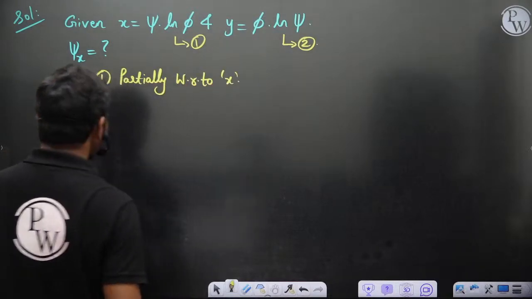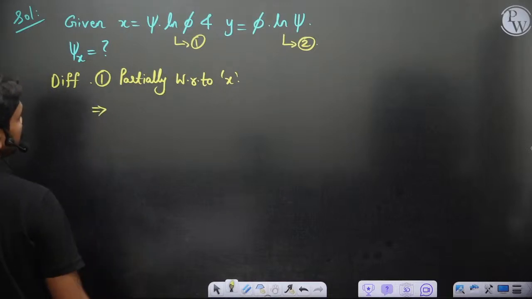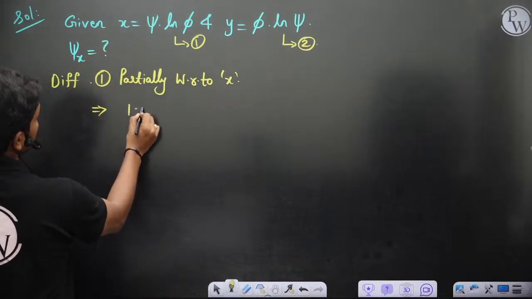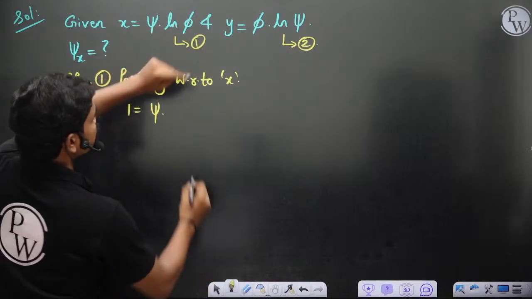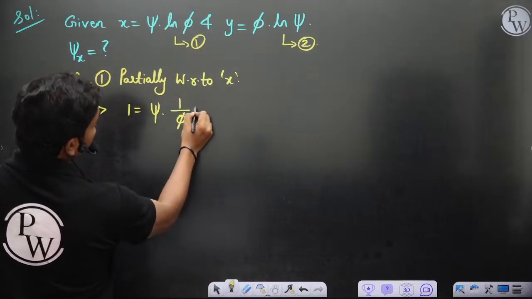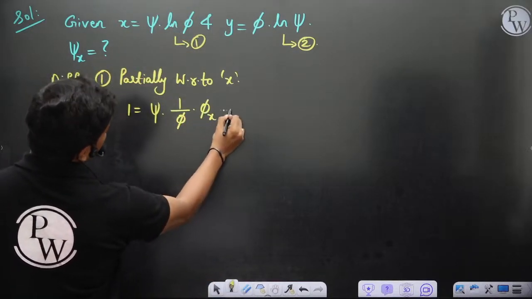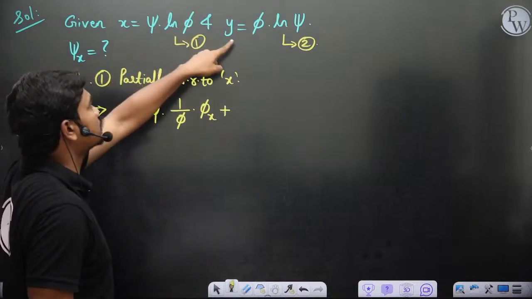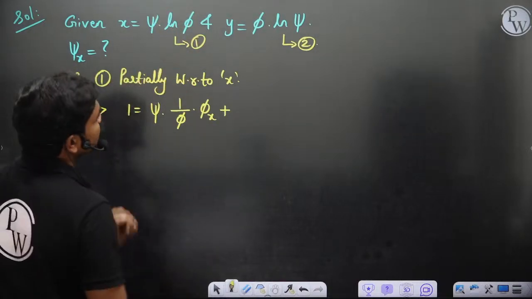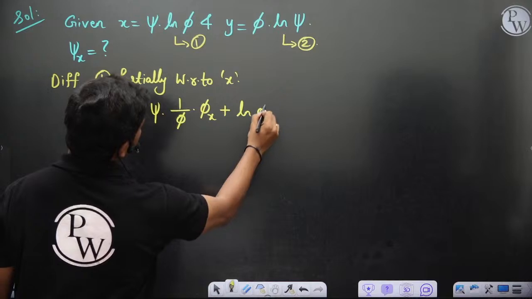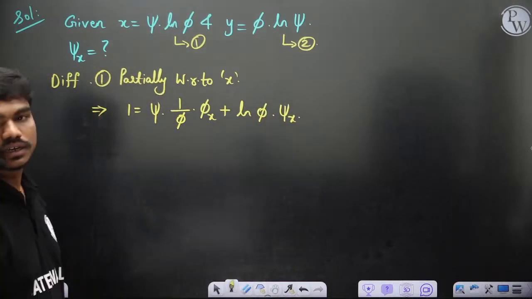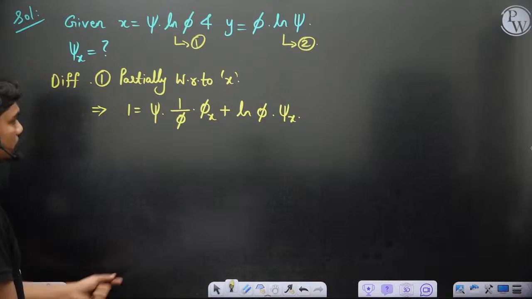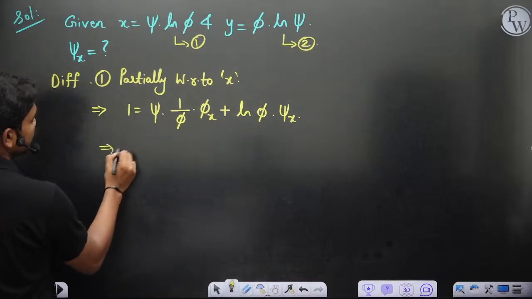If you differentiate this with respect to x partially, dou x by dou x is 1. First function into derivative of second function: derivative of this function is 1 by phi into dou phi by dou x, which I can write as phi x, because this phi is also some function depending on x and y. Plus second function into derivative of first function, which is psi x.